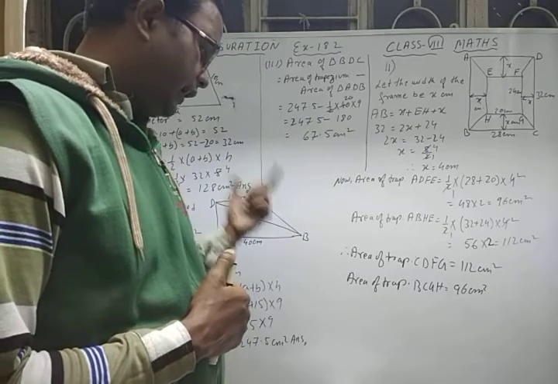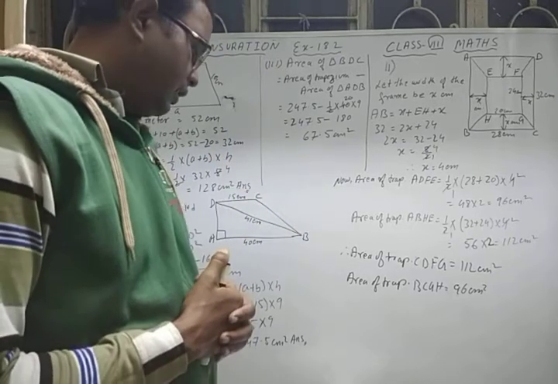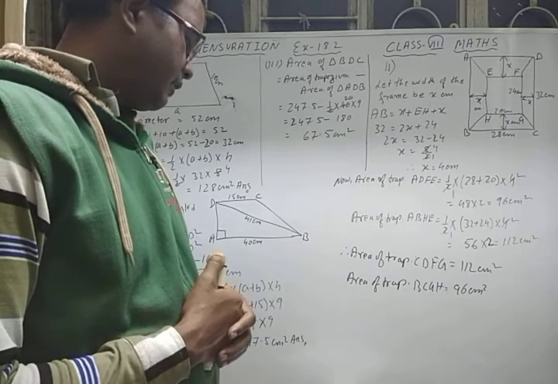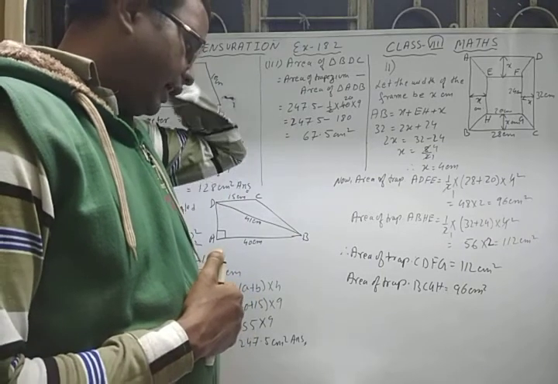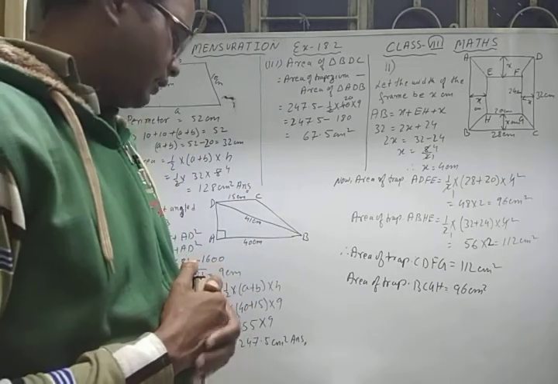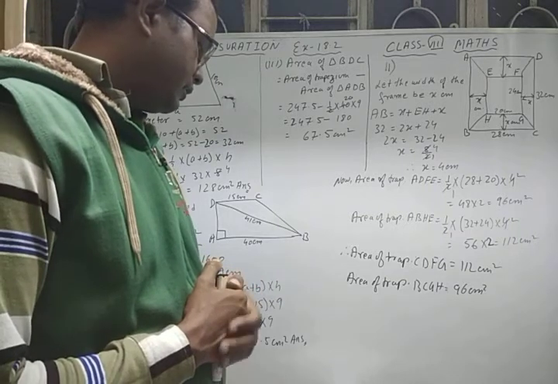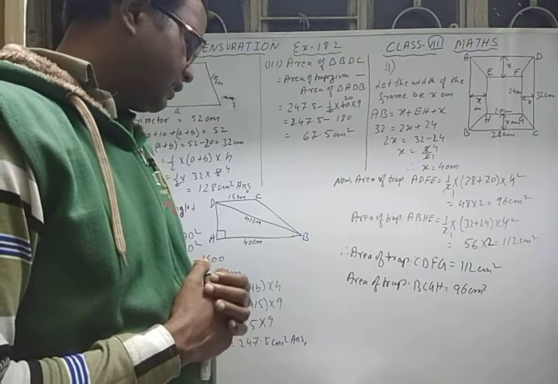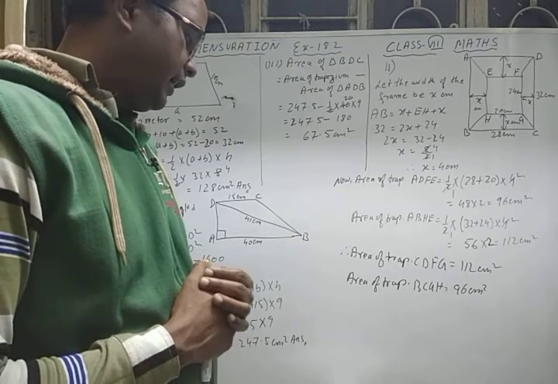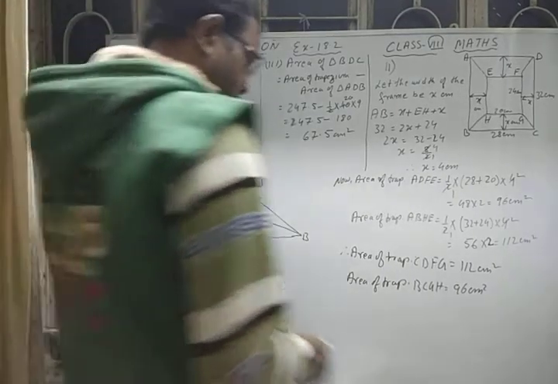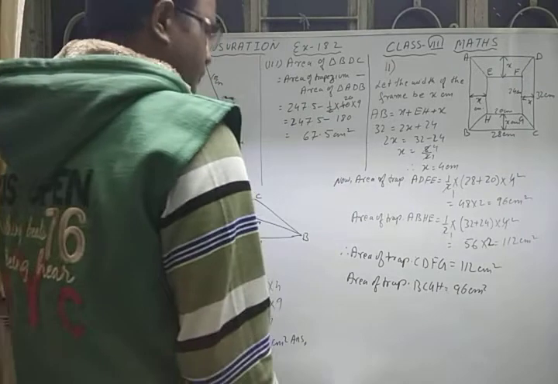Find the area of this figure, where AD is given 8 centimeter, AH is given 6 centimeter, AG is given 4 centimeter, AF equals to 3 centimeter, and the perpendicular BF equals to 2 centimeter, and CH equals to 3 centimeter, and EG is given 2.5 centimeter. So let us see how to do this question. First of all, I will draw the figure.